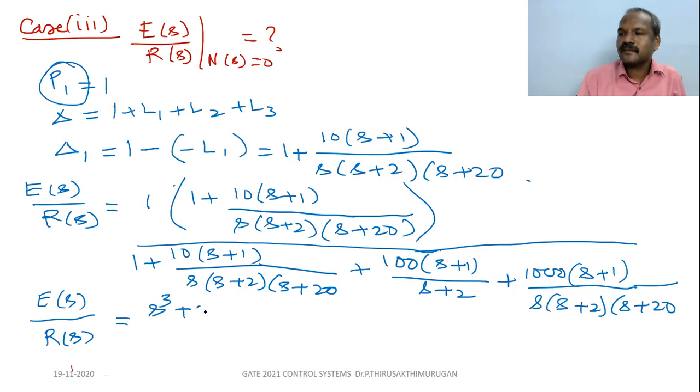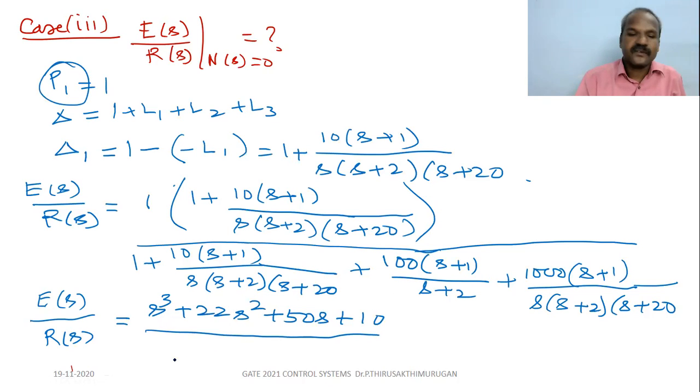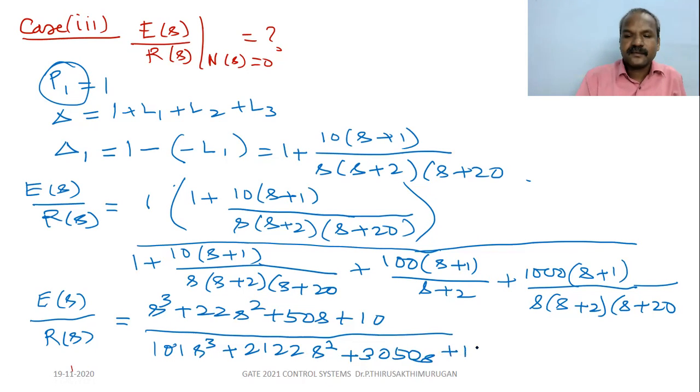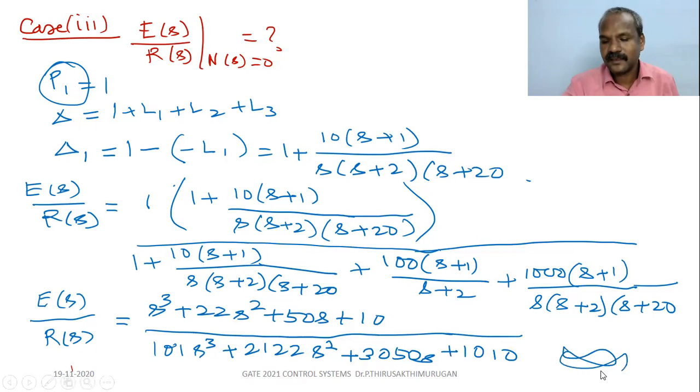S cube plus 22 s square plus 50 s plus 10 divided by 101 s cube plus 2122 s square plus 3050 s plus 1010. Understand? So this is the answer for part 3.